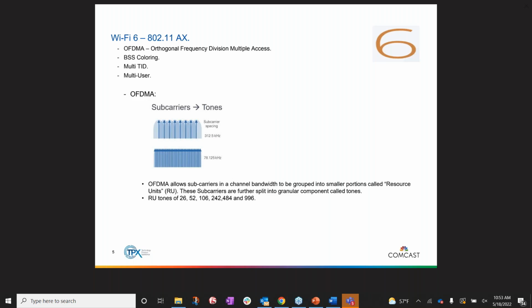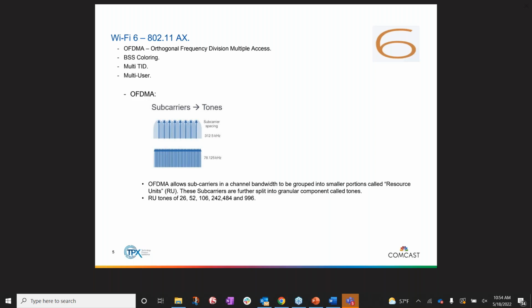So when the access point is talking to different clients here, what is happening is the bandwidth across all the clients is being shared. So when the bandwidth is shared, we are effectively utilizing the spectrum more efficiently and increasing the overall transmission.